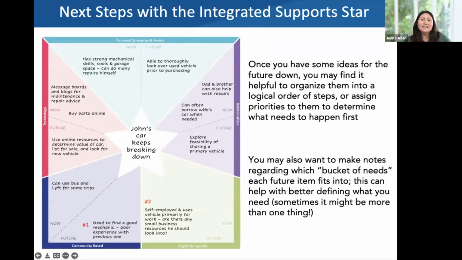And then lastly, this is where those buckets of needs come in. I also like to think about what type of needs you're trying to meet, what type of resources are going to be really helpful as you're filling this out. So in our case, we recognize our need to find a good mechanic. Obviously, there's a good in service component to that. We need to hire somebody to provide this service for us.